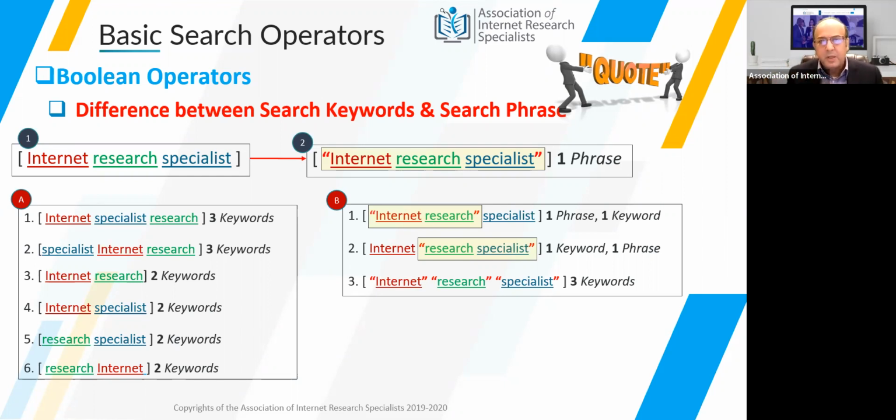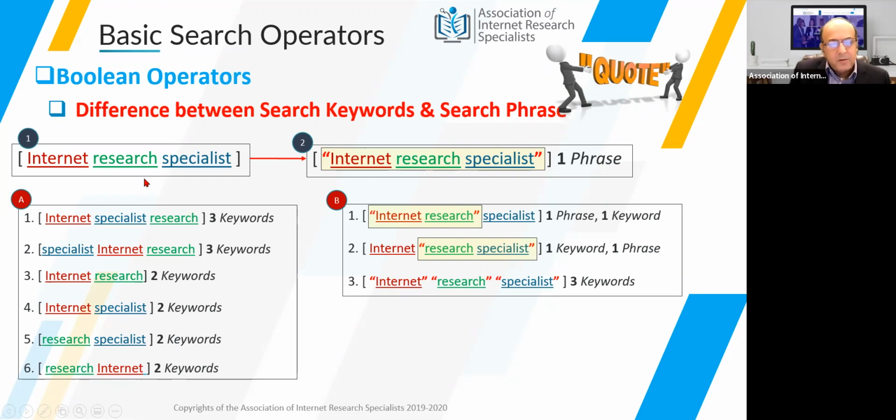All those are Booleans. So just keep that in mind. While we are doing this, you will understand it better. But in this case, we are just dealing with creating search phrases and knowing how the search engine behaves when you have certain terms inside of quotes and the keywords that are outside of the quotes.